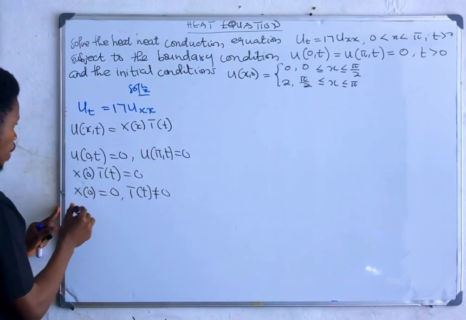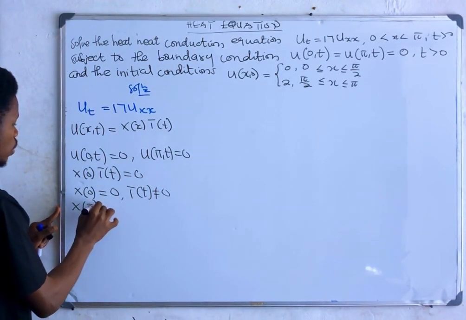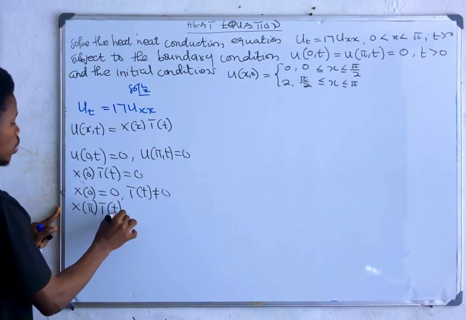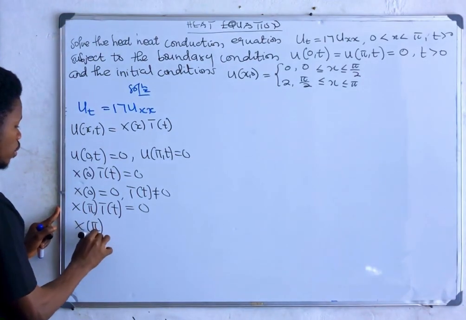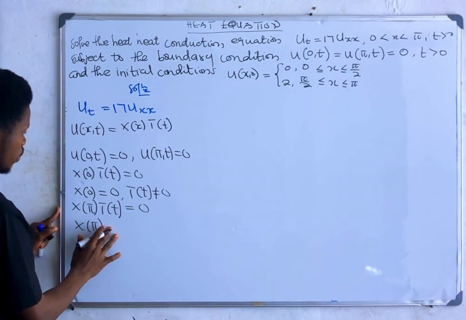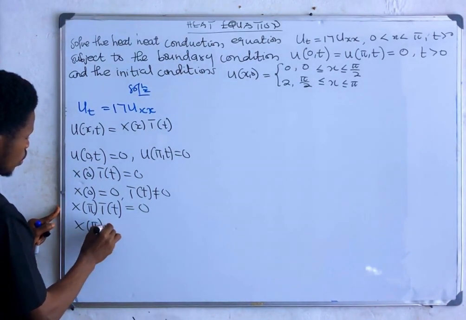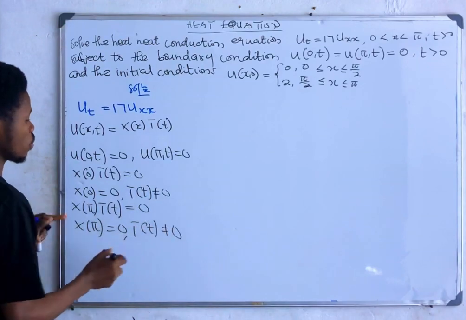The same thing should apply to pi. X of pi, T of t should be equal to 0. It means that X of pi is equal to 0. T of t is never equal to 0.